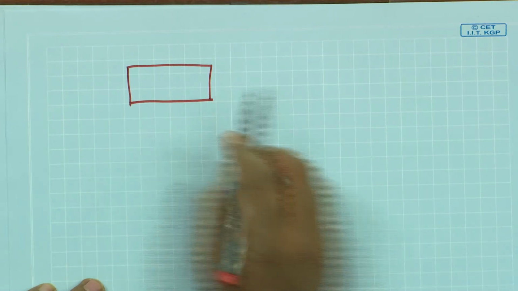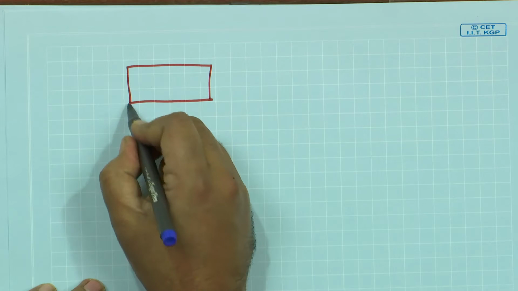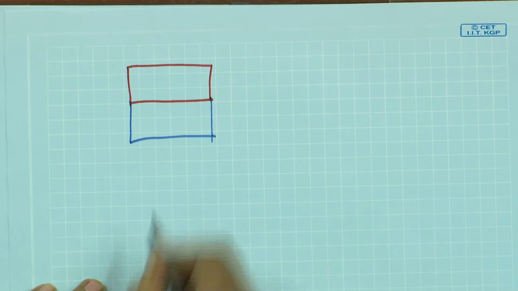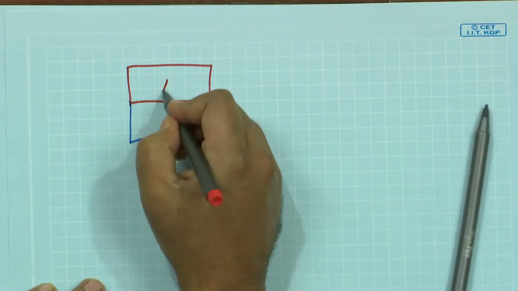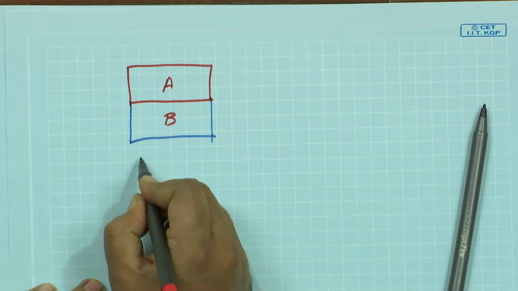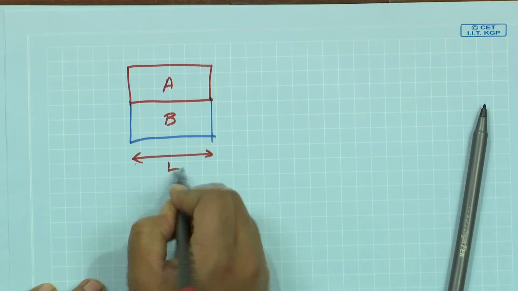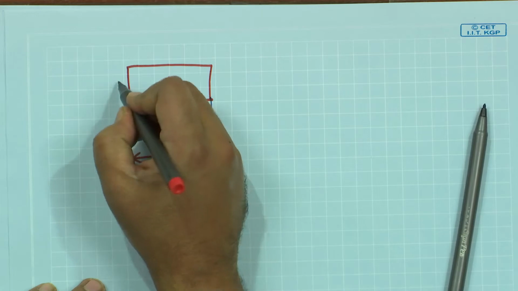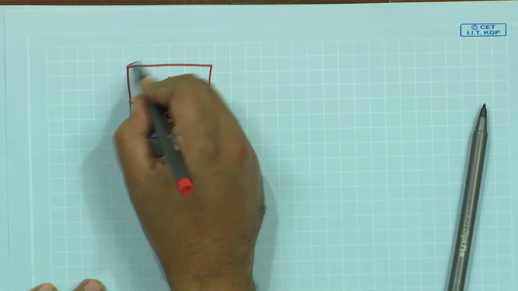However, if I just swap this and say I now have two blocks in this manner, this is A, this is B, okay, both have the same length. However, the cross sectional areas are now going to be different.